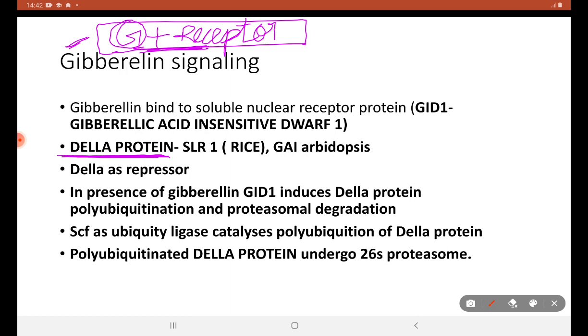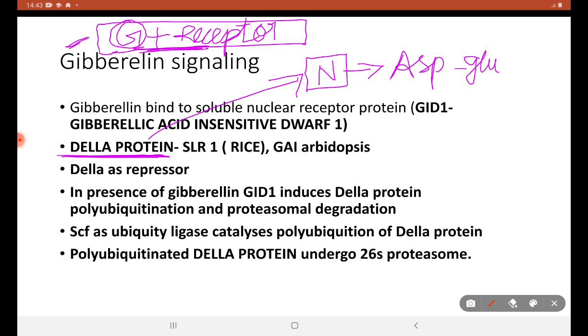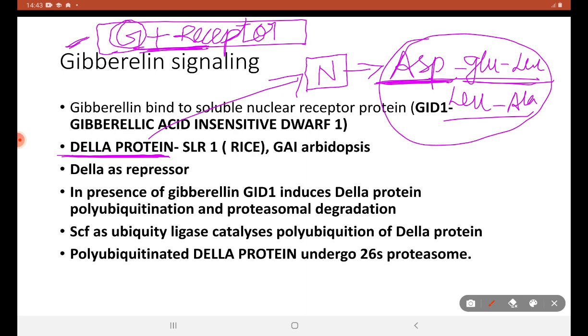It is associated with the N-terminal domain. We have two terminals, the C-terminal and the N-terminal. In the N-terminal domain of DELLA protein, we have sequences like ASP, GLU, leucine and alanine. These are the amino acid sequences of the N-terminal domain of DELLA protein.